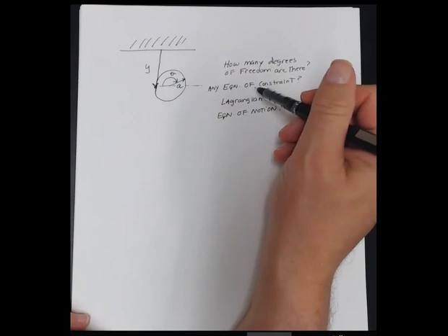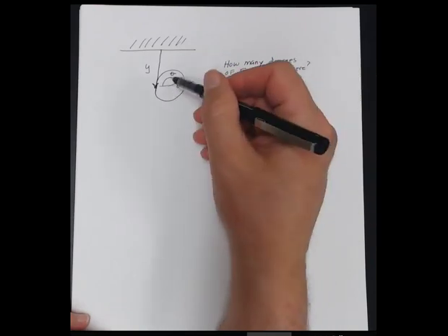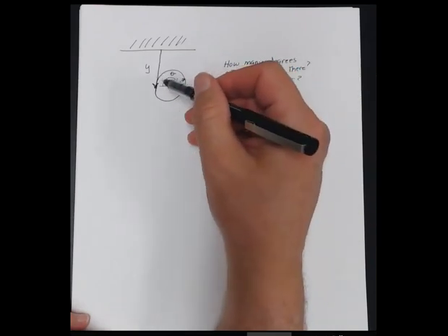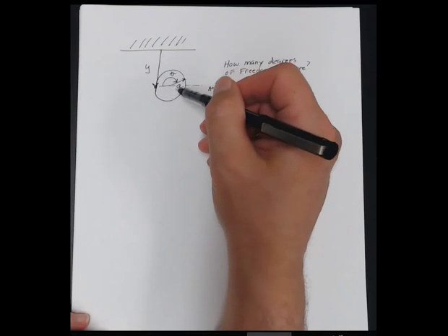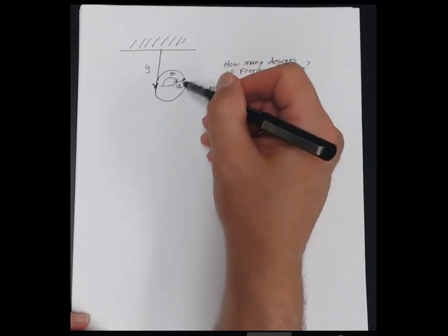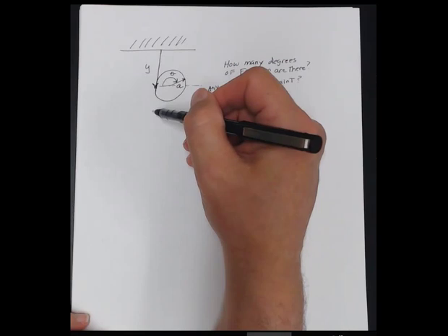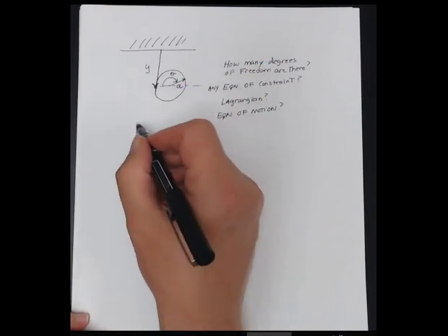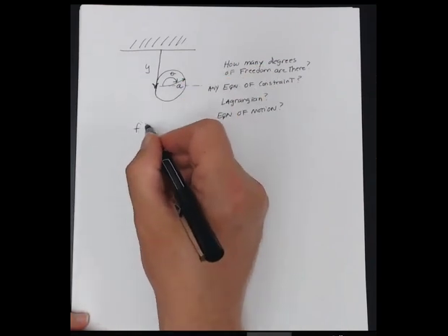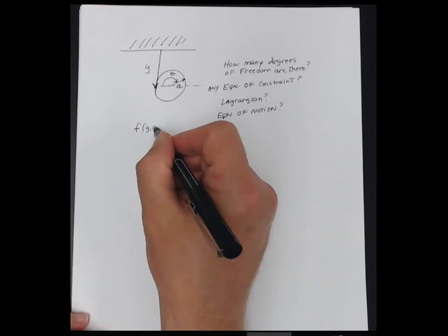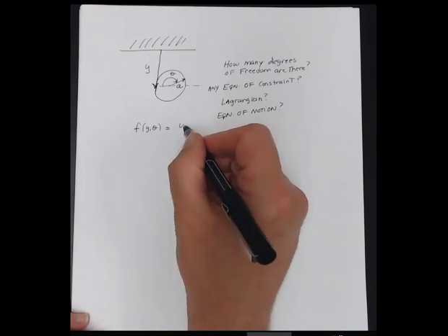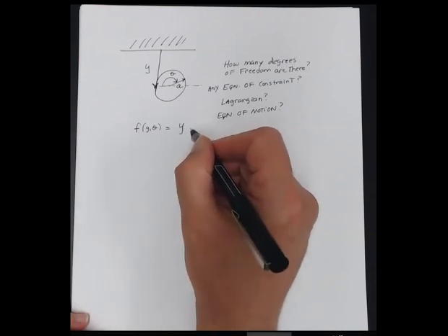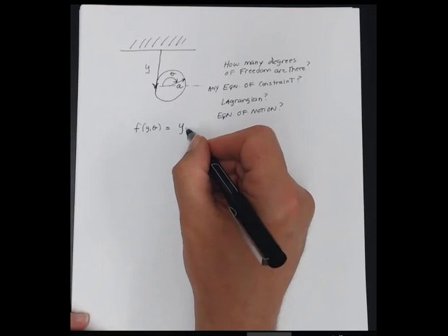But there is a relationship between theta and y, because as it rolls around 2 pi radians, I know 2 pi times a is the distance it moved down. So there's an equation of constraint between these two: y equals a times theta.